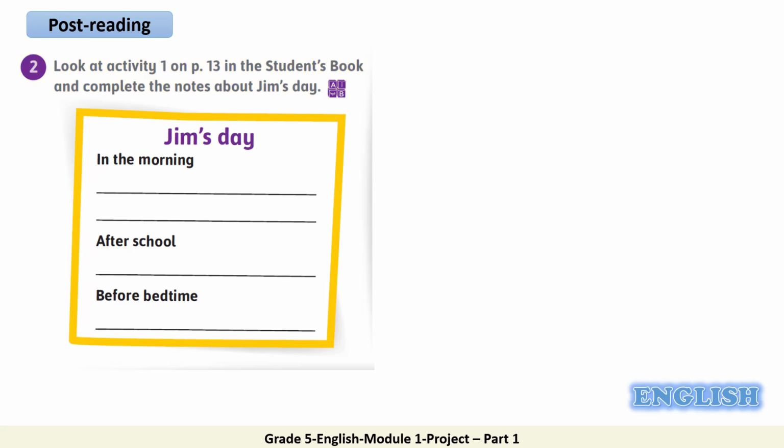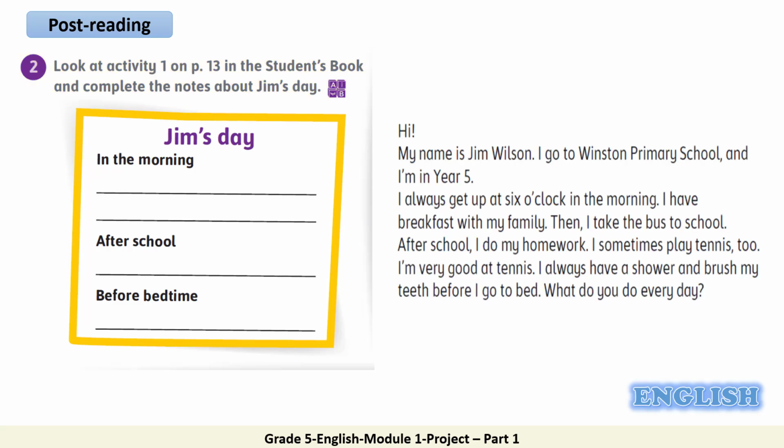So you're gonna read the text again, my friends. Here it is. And you're gonna write here what Jim does in the morning, after school, and before bedtime. Clear, my friends? Okay, now pause the video and do this task. By the way, you can answer with a pencil on your workbook or just underline the answers on the text. Okay, go ahead.